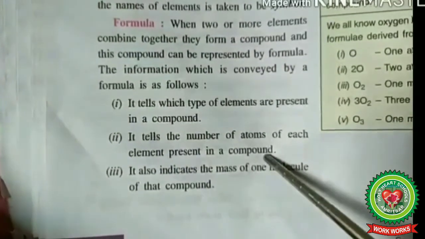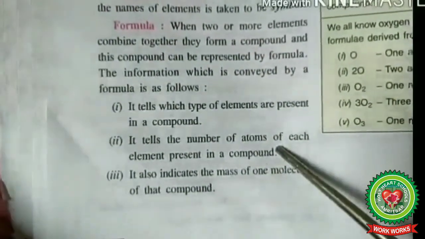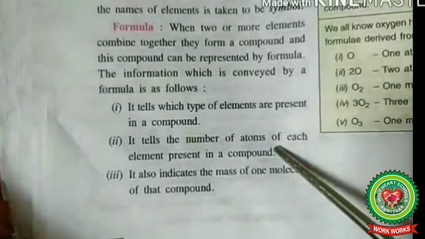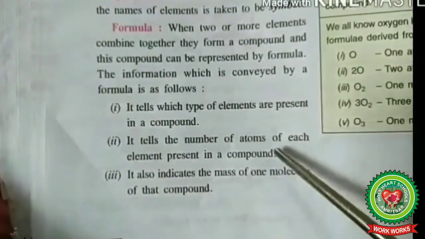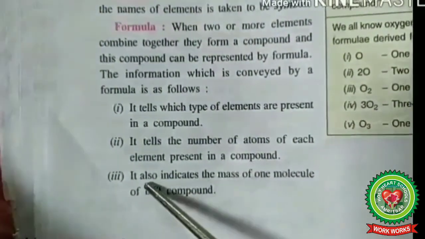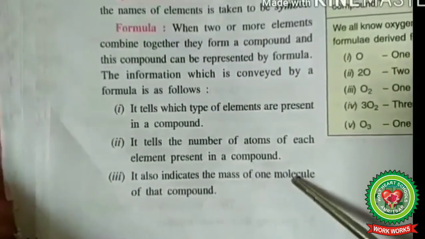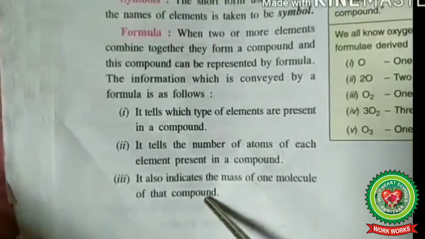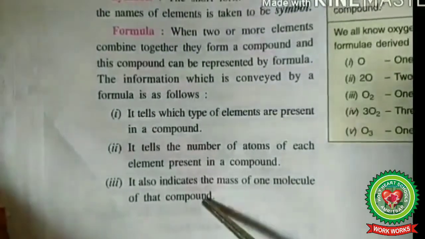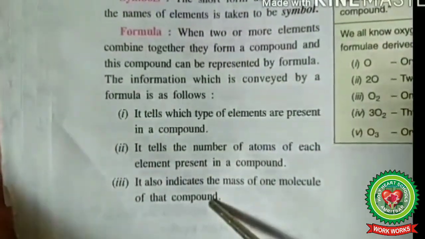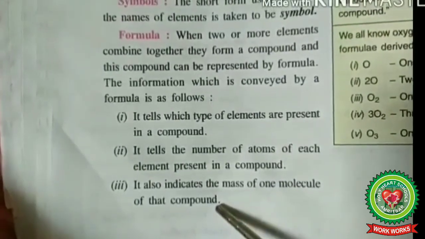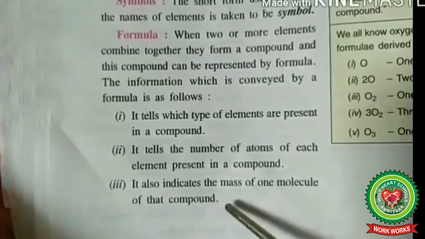For example, in water, 2 atoms of hydrogen are present and 1 atom of oxygen is present. Third point is, it also indicates the mass of one molecule of that compound. In water, if we talk about mass of hydrogen, that is 1 and mass of oxygen is 16.